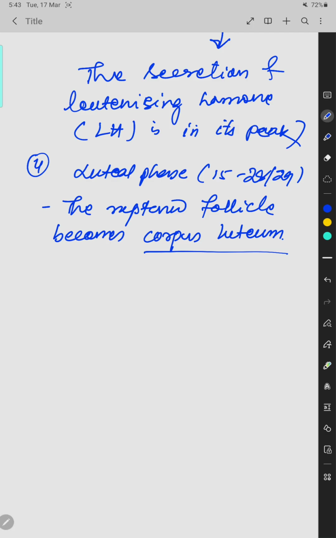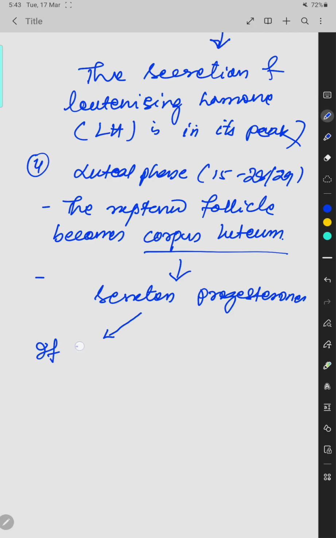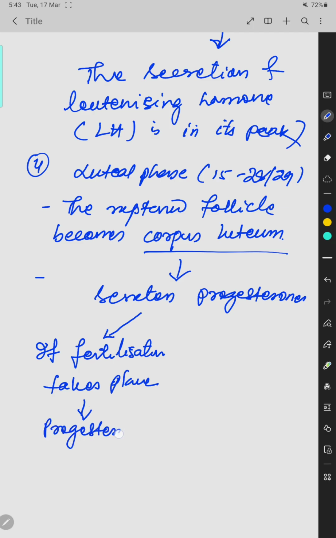Now this corpus luteum secretes progesterone hormone. If fertilization takes place, then progesterone secretion takes place continuously.